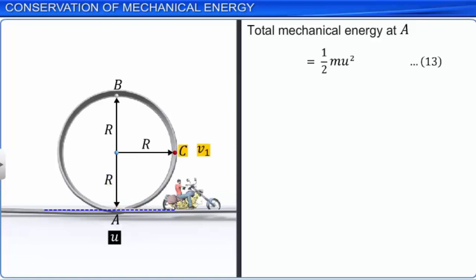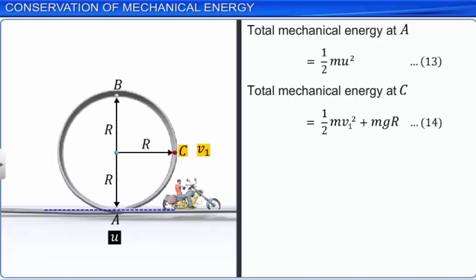When at C, its total mechanical energy is partly kinetic, which is half mv1 square, where v1 is the magnitude of velocity at C, and partly potential, which is mgr. The total mechanical energy at C is denoted by half mv1 square plus mgr. Let this be equation 14.